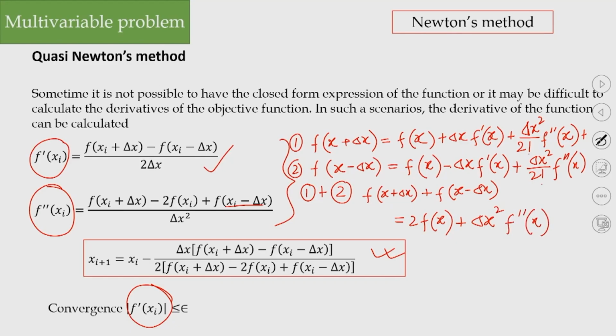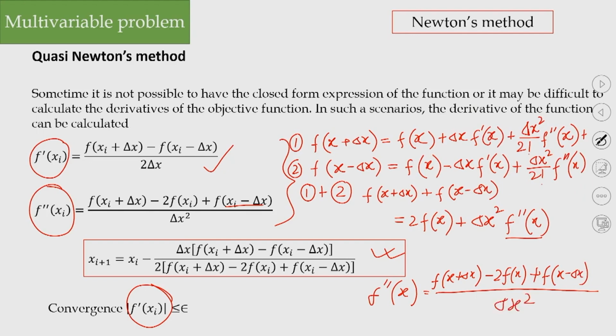So from here I can write the second derivative as f(x + delta x) minus twice f(x) plus f(x - delta x), divided by delta x squared.